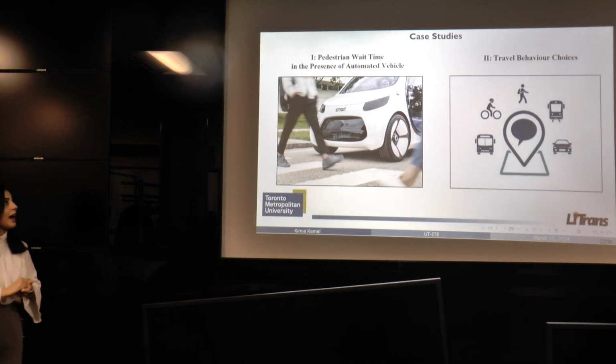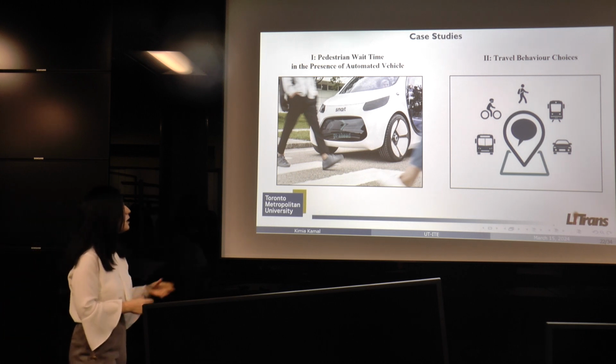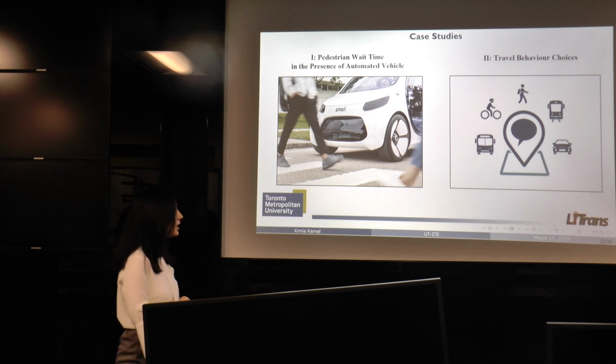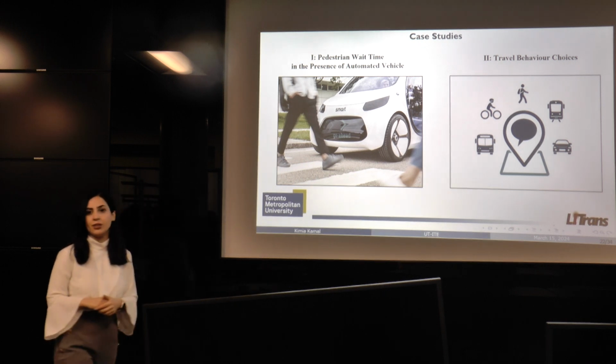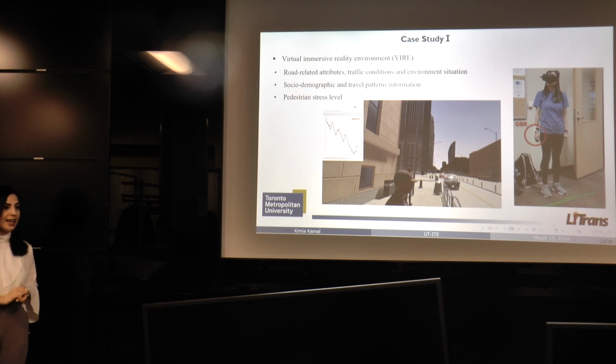To evaluate our models, we use two case studies: pedestrian waiting time in the presence of automated vehicles, and travel behavior choices. In the first case study, we use a virtual reality dataset because our scenario is a futuristic scenario.